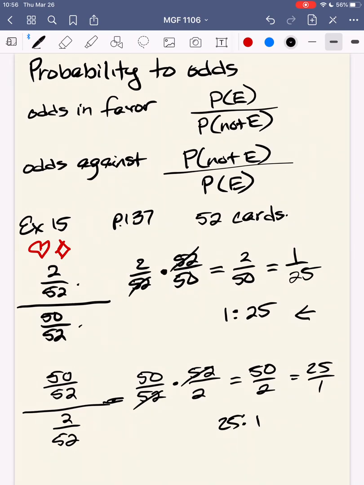All right, I'll leave example 16 for you. I'm going to look at example 17 on the next page. The winner of a raffle will receive a 2-year scholarship to the college of his or her choice. There are 1,000 raffle tickets, and you purchased 5 tickets.